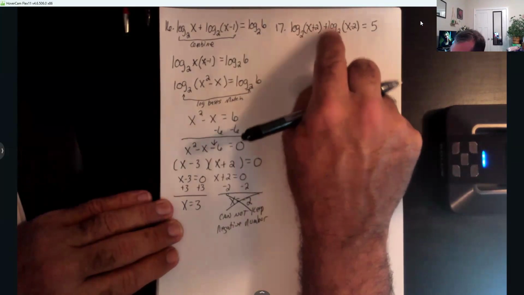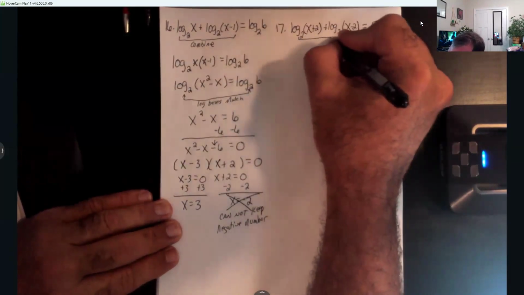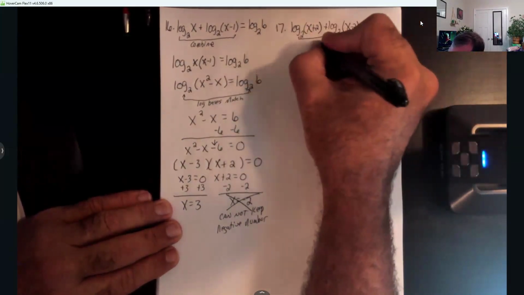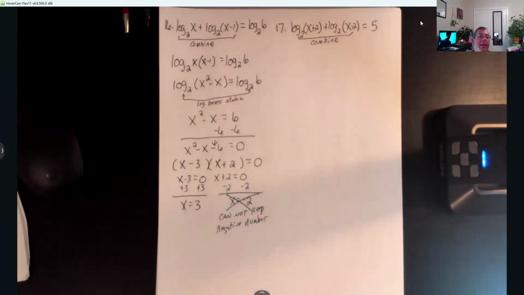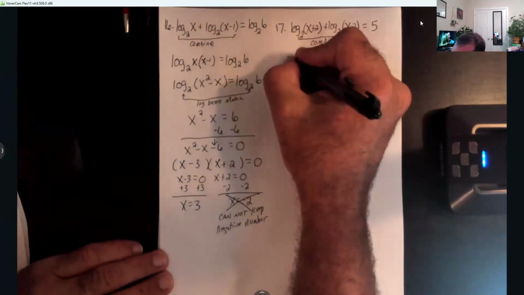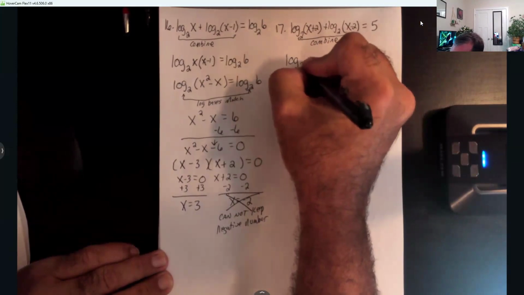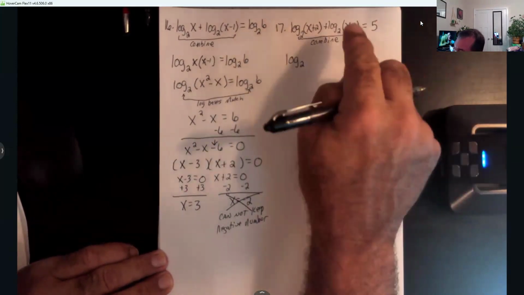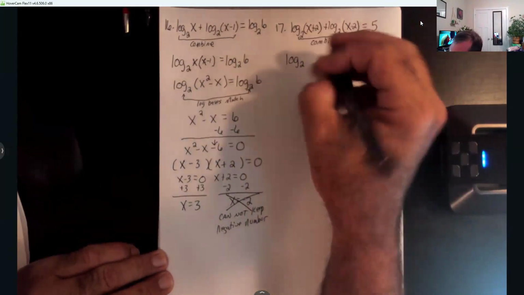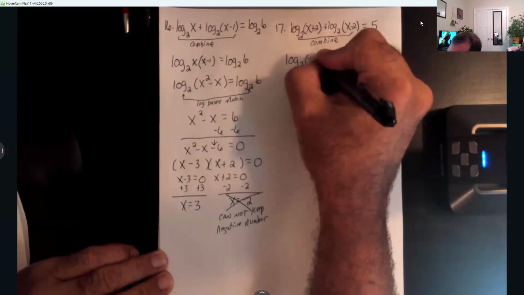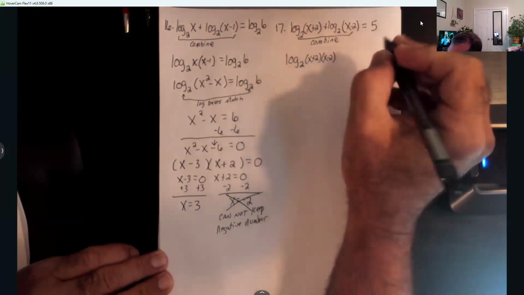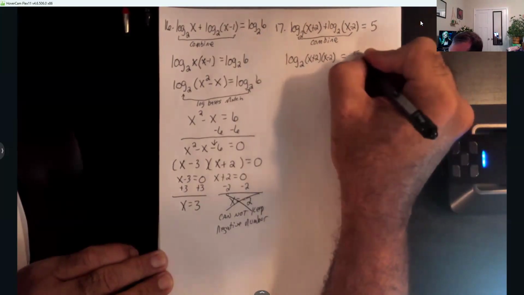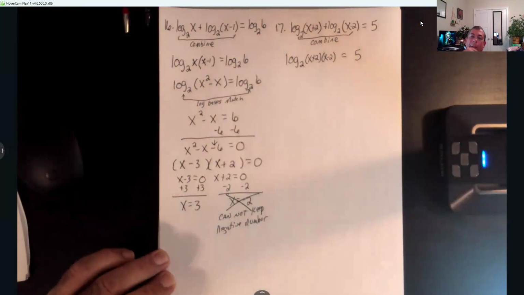So y'all do know they're being added, and there's 2 of these logs over here. So we will combine, okay? So we'll bring out our log base 2. So y'all are being added, so this will be log base 2 of x plus 2 times x minus 2, all of that equal to 5.